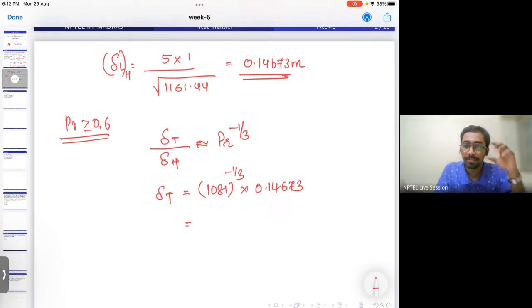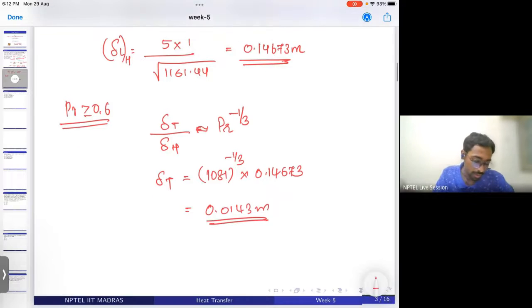Anybody calculated? So it will be around 0.0143 meter, right?